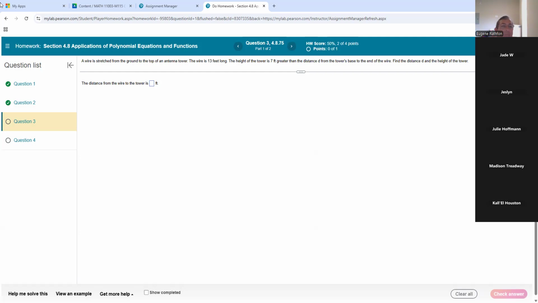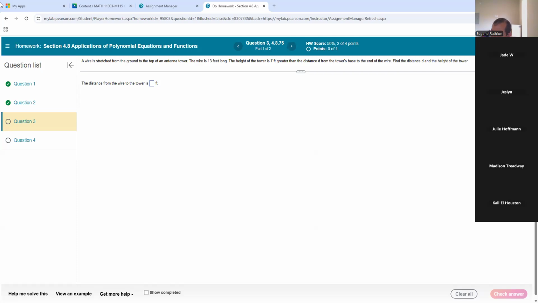So y'all, let's see what we got here. A wire is stretched from the ground to the top of an antenna tower. So I'm just going to sort of draw that and then I'll come back to my picture. So you got a wire stretched from the ground to the top of this antenna tower. The wire is 13 feet long.